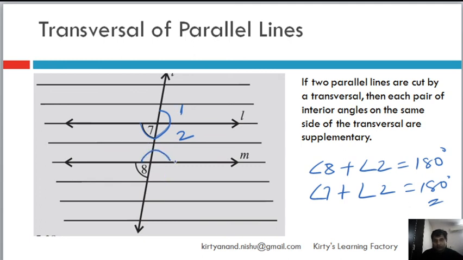This is also 180, so you know that angle 2 plus this angle will be 180 degrees, and therefore angle 7 plus this angle will be 180 degrees, and therefore it will tell you that angle 8 and angle 7 are equal. So there are many ways in which you can look at these intersections, and they are just different ways of looking at a linear pair and then equating them so as to establish these relationships.